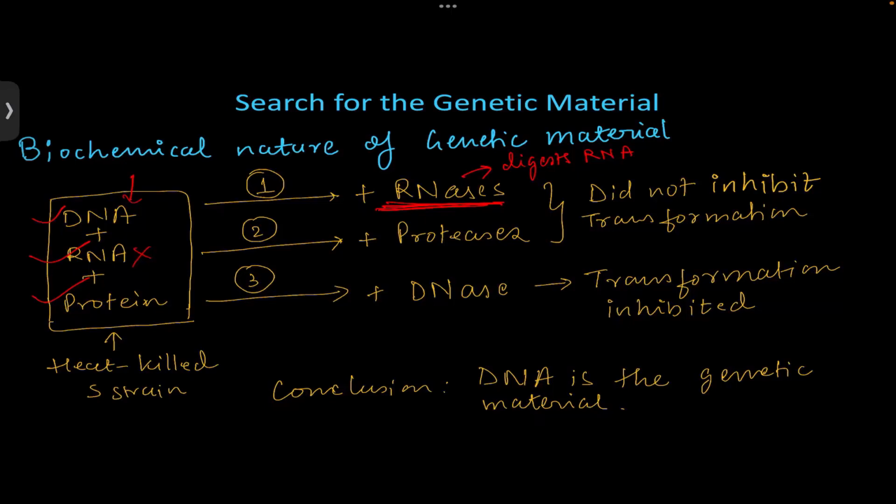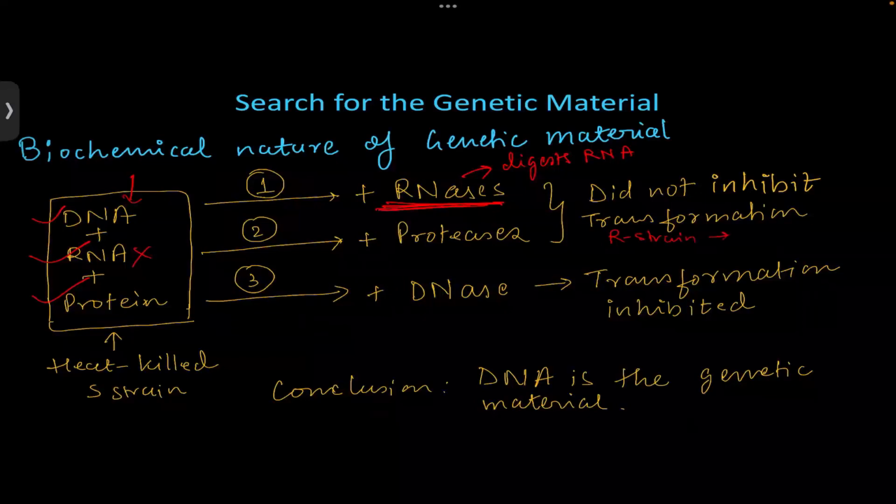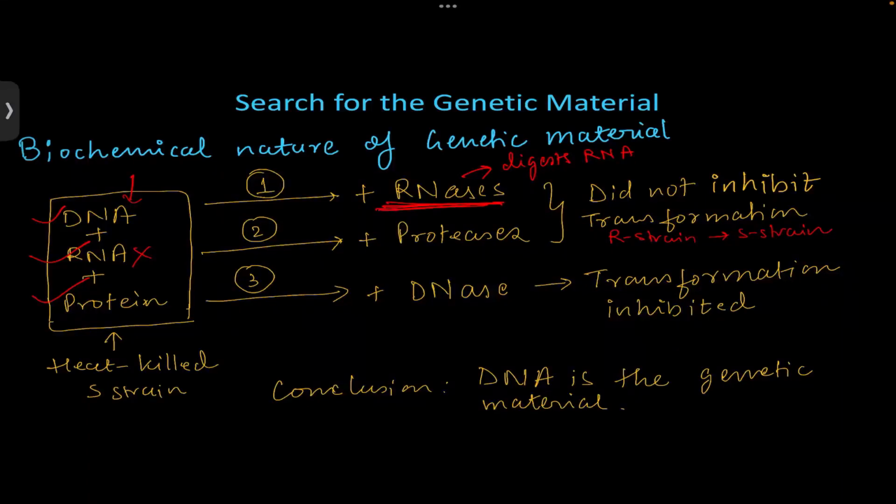Then when this mixture, RNA, DNA, and protein plus RNase, was injected into the R strain bacteria, they saw that the R strain bacteria did transform to S strain bacteria, which means transformation of one strain of bacteria to another was not affected in the presence of RNase.